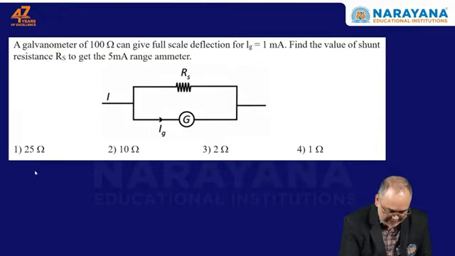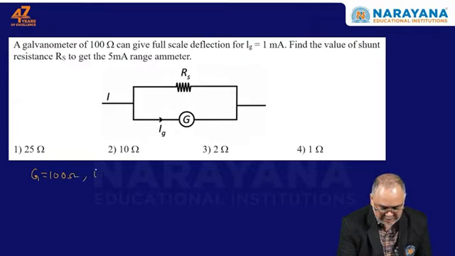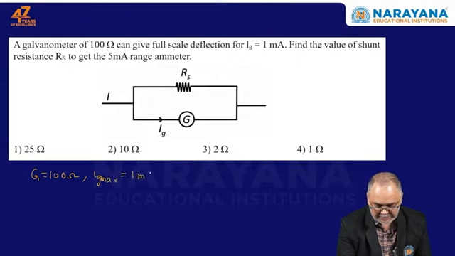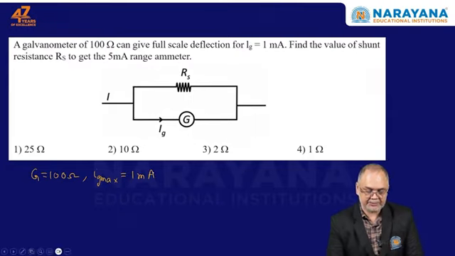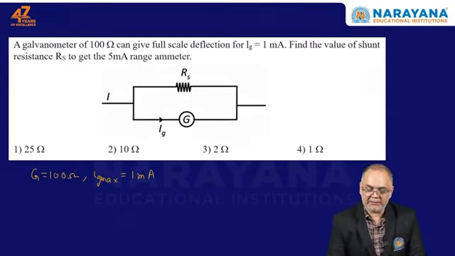So the resistance of the galvanometer G is 100 ohms, and the maximum current which can flow through it, Ig max, is 1 milliampere. We have to find the value of shunt resistance Rs to get a 5 milliampere range ammeter.